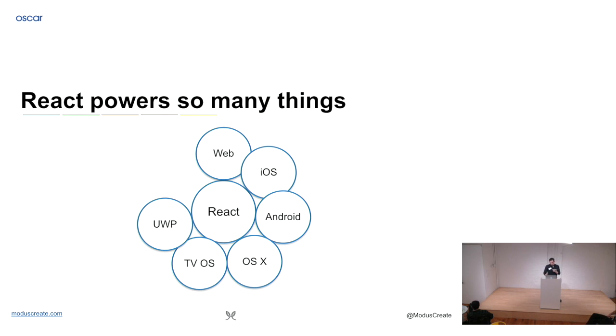Before it was a fork. Universal Windows Platform. Thank you, Microsoft, for putting a lot of money into it. You could run React Native apps on your Xbox One, if you ever want to do that. And VR, that's the latest cool thing. Now VR is all the rage, so you could use React and make a little VR game or app or whatever.